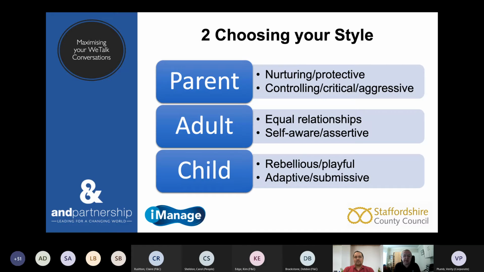The child style tends to be rebellious and playful, or it can be adaptive and submissive. And then you've got the adult style in the center, which tends to focus on equal relationships and to be more self-aware and more assertive rather than aggressive. So giving both people's rights airtime, rather than thinking in the parent side, my rights are more important, and in the child's, giving the rights away.